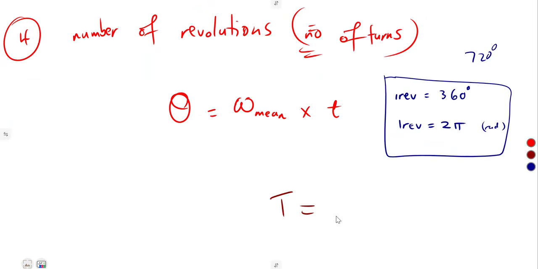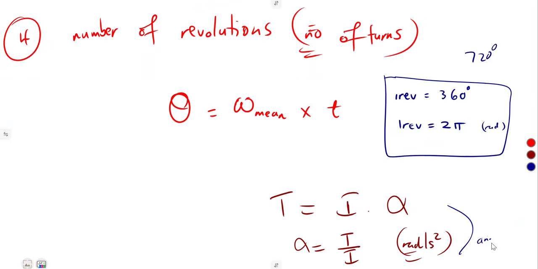So many formulas. If you have moment of inertia and angular acceleration, therefore angular acceleration is going to be torque over what? Moment of inertia. So angular acceleration is in rad per second squared. Yes, they can extend questions to angular acceleration. For this one, revise with other formulas that you had before. Yes, just combine and combine.